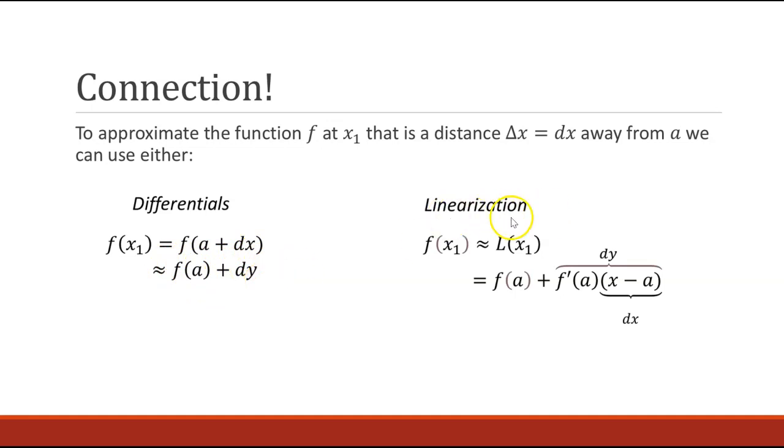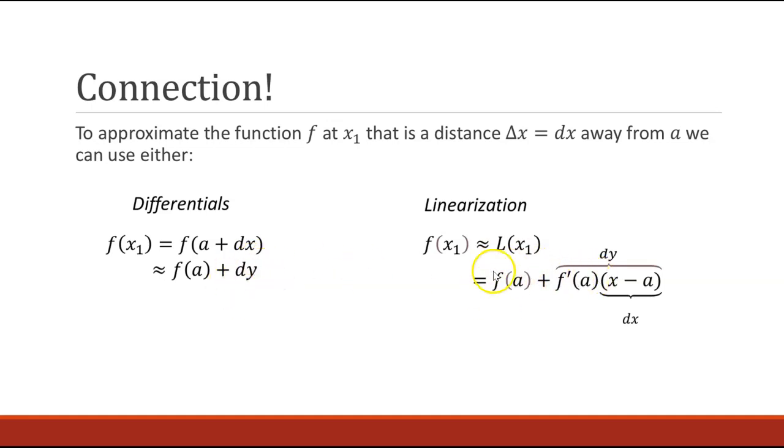Or we can use a linearization. f of x sub 1 is approximately the linearization at x sub 1. So the linearization at x sub 1 is just the tangent line solved for y. So f of a plus f prime of a times x minus a. So I want us to notice the similarity here. Using differentials, it's f of a plus that small change in y, dy.